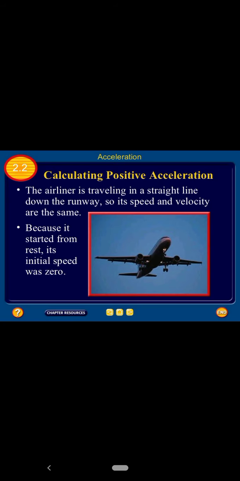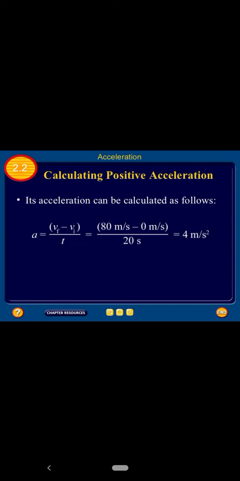Because it started from rest, its initial speed was 0. Acceleration can be calculated as follows: we put the value of Vf as 80 meters per second, the value of Vi as 0 meters per second, and time 20 seconds. So the value of acceleration comes out to be 4 meters per second squared.